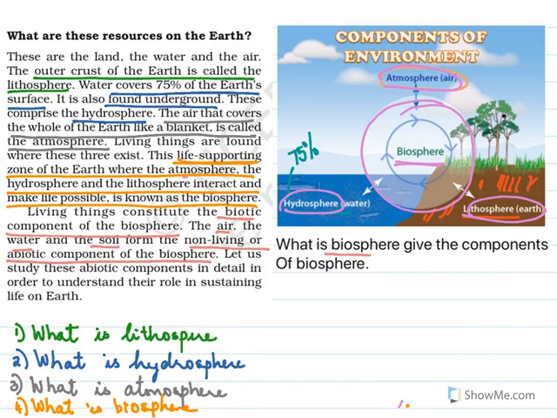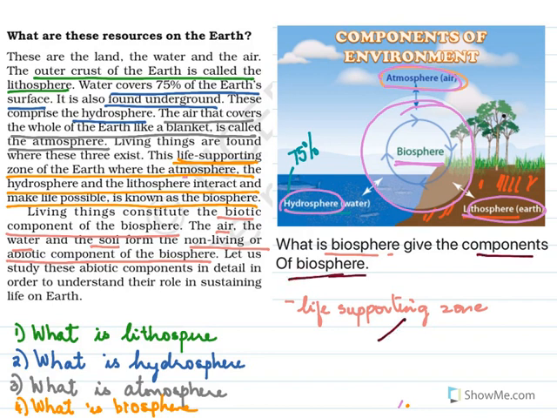So for the question, what is a biosphere? You will say the biosphere is a life supporting zone where all the three meet: the atmosphere, lithosphere and the hydrosphere. And what are the components of the biosphere?